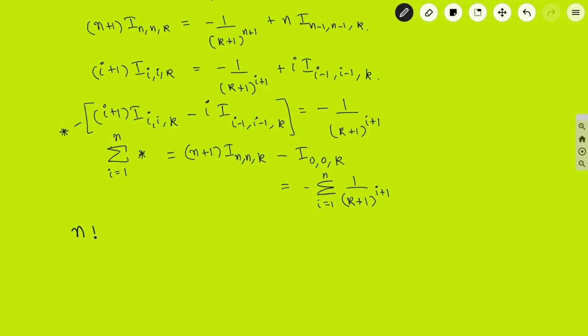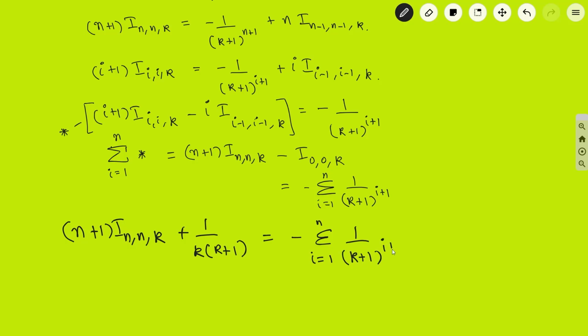So this is (n+1) I_{n,n,k} minus, so it becomes plus 1 by k plus 1, because we found that this is nothing but minus 1 by k plus 1. So this is equal to minus the summation i from 1 till n of 1 by (k+1)^{i+1}, right? So that's neat. That's looking neat.